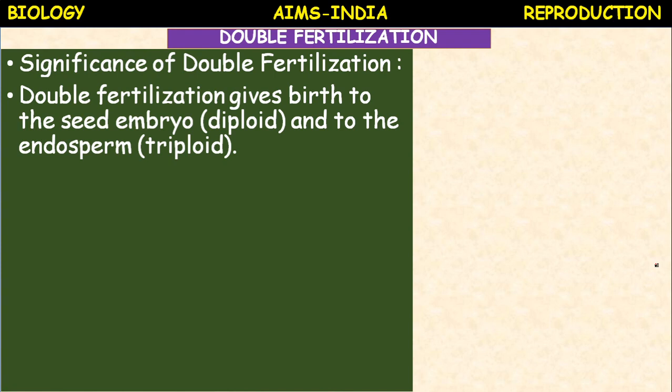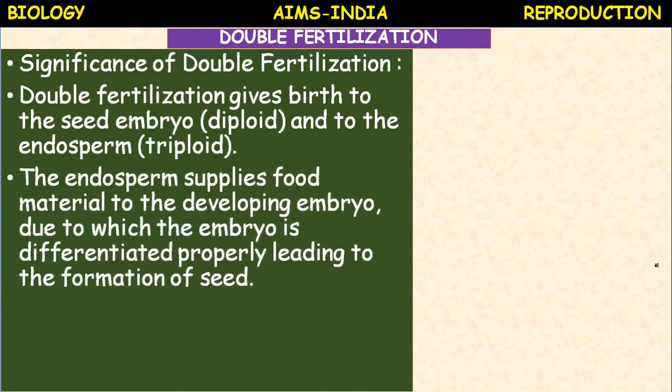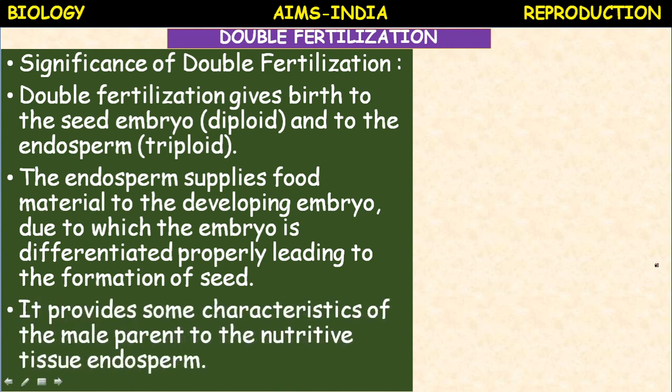Double fertilization gives birth to the seed embryo, which is diploid, and to the endosperm, which is triploid. The endosperm supplies food materials to the developing embryo, due to which the embryo is differentiated properly, leading to the formation of a seed.